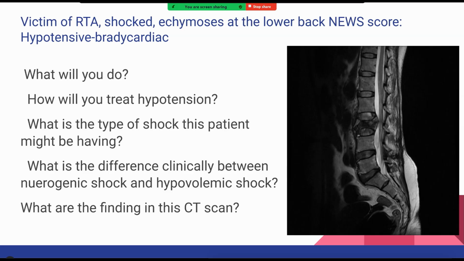Looking for any other place of hemorrhage, for obvious external hemorrhage to address. Then I will monitor the response to the fluids I am giving.